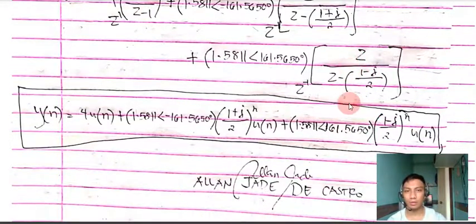So our final answer is y of n equals 4 u of n plus 1.5811 angle of negative 161.5650 times 1 plus j over 2 raised to the power of n, u of n plus 1.5811 angle of 161.5650 degrees multiplied by 1 minus j over 2 raised to the power of n, u of n. So this is our final answer.